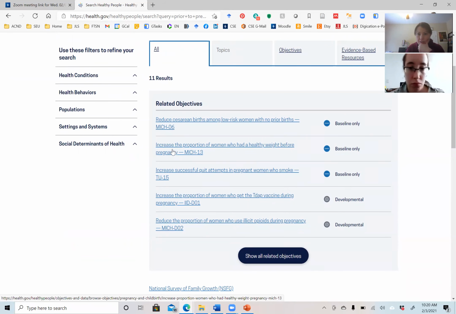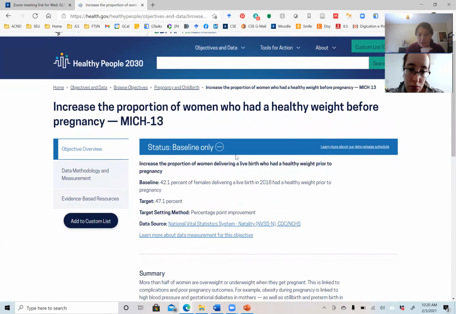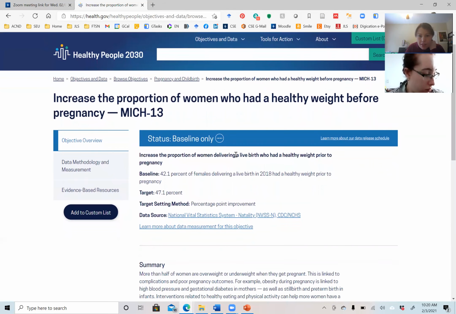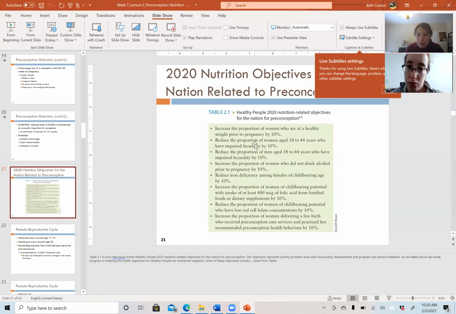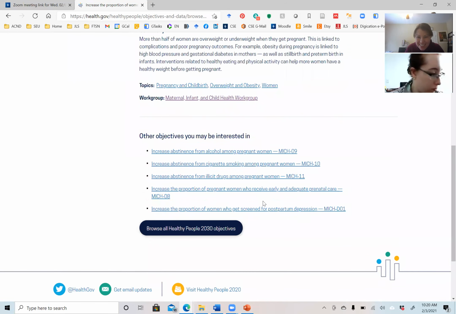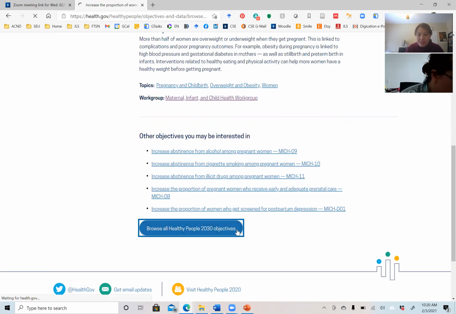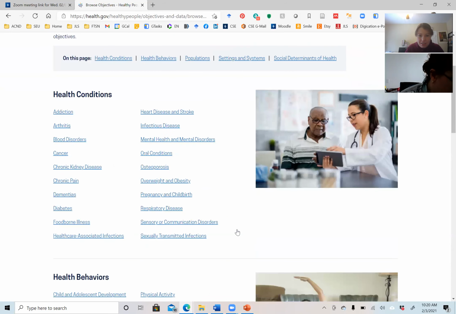Okay, here's MICH 13. Let's see what happens when we click on it. Increase the proportion of women delivering a live birth who had a healthy weight prior to pregnancy. Interesting. So maybe this website isn't as easy as I was hoping for finding the objectives. Let's see, browse all objectives.